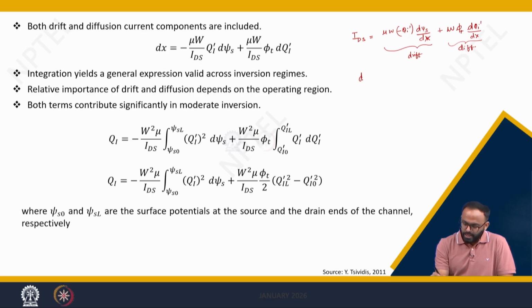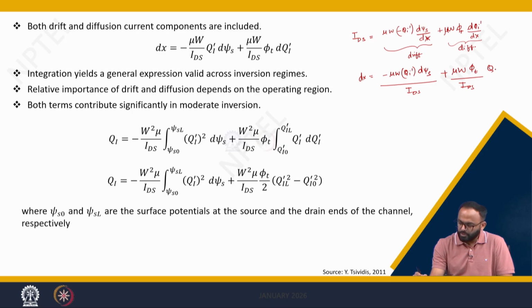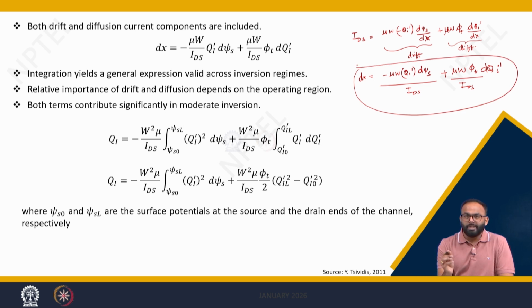We can simply change the variable as minus mu into W into Qi dash d psi s divided by IDS plus W into phi t, here mu term will come, mu divided by IDS into dQi dash. Now I will put this variable dx in again the same equation.